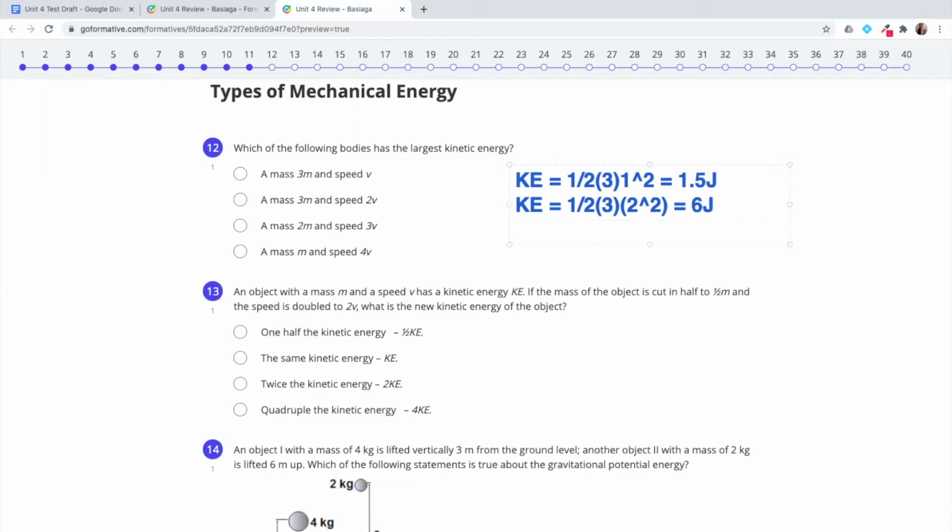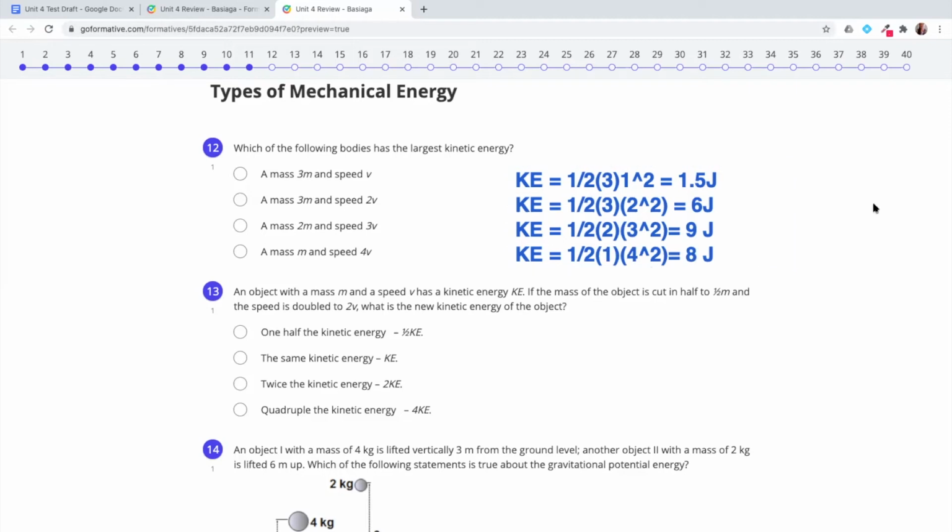And that makes sense because having more speed means more kinetic energy. What about choice C? A mass of 2 and a speed of 3. Oh wow, that's going to be big. That'll be 9 joules. And finally, the kinetic energy for D would be 1/2 times 1 times 4 squared.